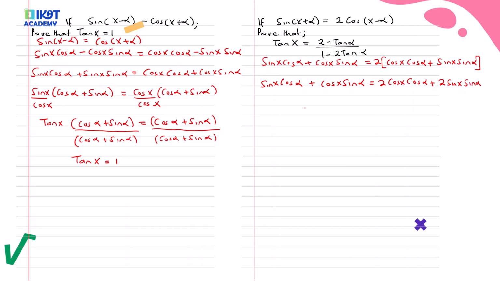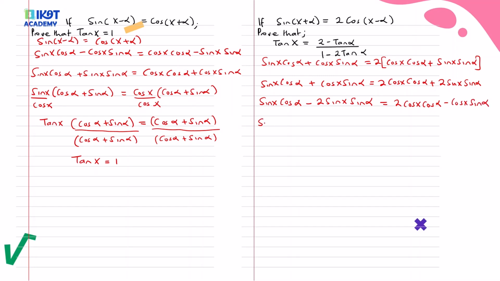Now the same thing like we've been doing, I want to collect like terms for sine x and cos x. I'm going to bring sine x to this side, so this is sine x cos alpha minus 2 sine x sine alpha, which is equal to 2 cos x cos alpha. I bring that to this side, minus cos x sine alpha.